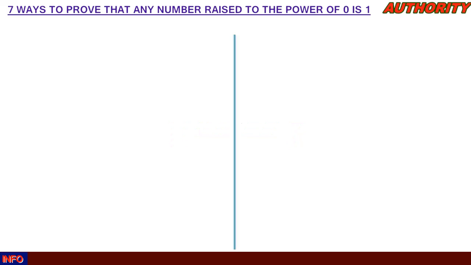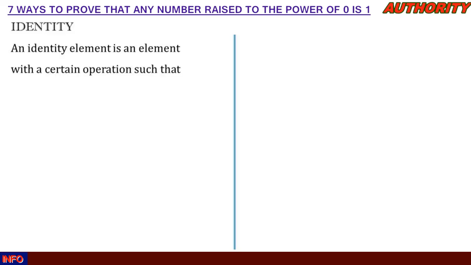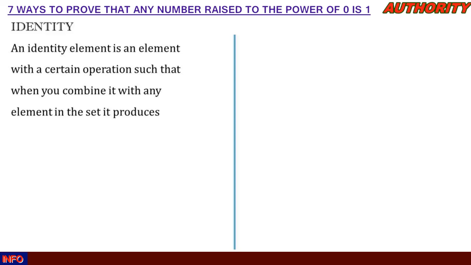Number 7 way to prove or to show. I can call this identity. Now, I want you to pay attention. In mathematics, there's what we call identity element. What is this identity element? We say that an identity element is an element with a certain operation such that when you combine it with any element in the set, it produces itself.